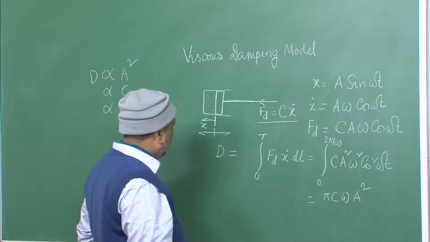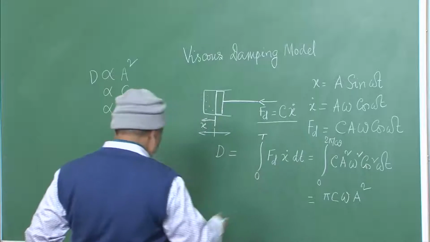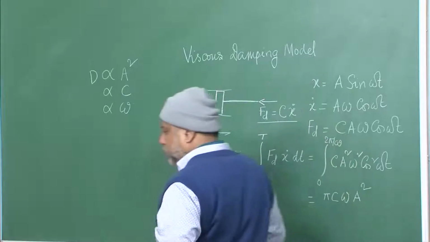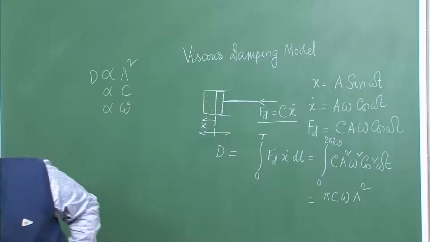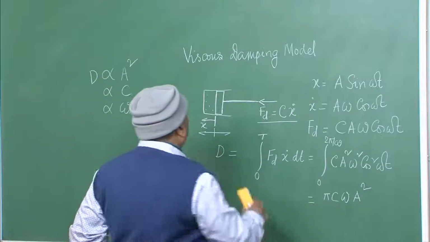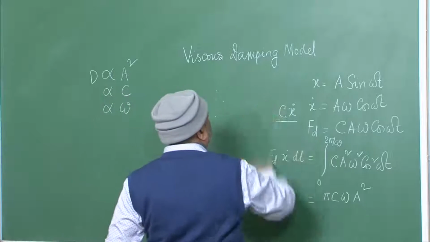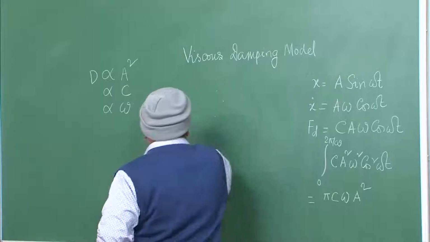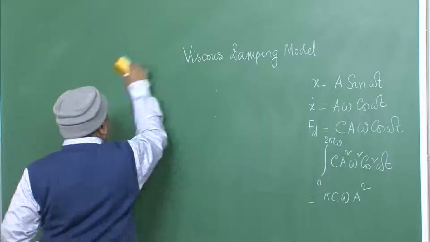damping model. Now, we can also visualize this in terms of a geometric interpretation of the system. In order to do that, we will simply need to plot this viscous damping force.